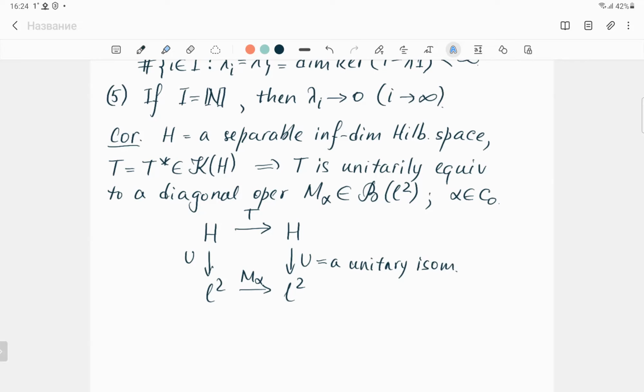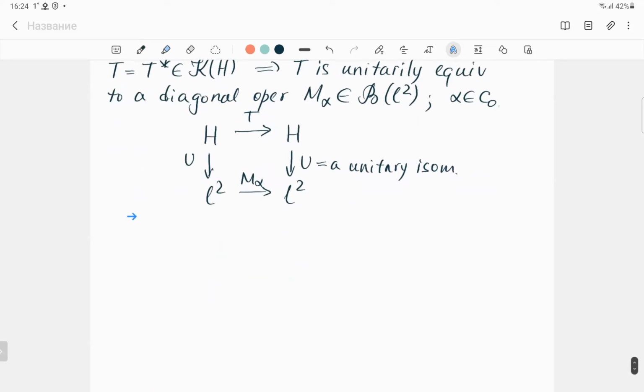In conclusion, I'd like to stress, however, that it's essential here that T is compact. If we drop the assumption that T is compact, then the result fails. And here's a simple counterexample. Let's consider the following operator T on the big L2 space on the interval from 0 to 1, which is just the multiplication by the coordinate.